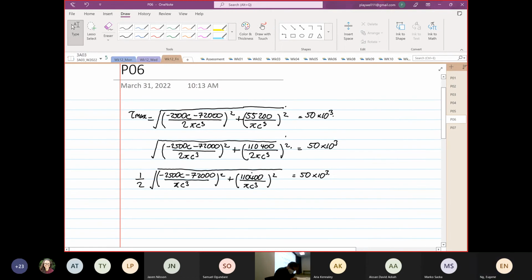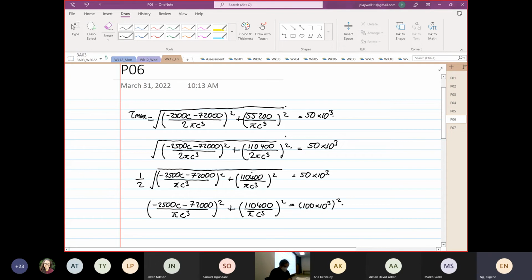So this will be equal to minus 2500C minus 72,123 over pi c cubed plus 110,400 over pi c cubed squared. So this will be equal to 100 times 10 to the power 3 and the whole thing squared.